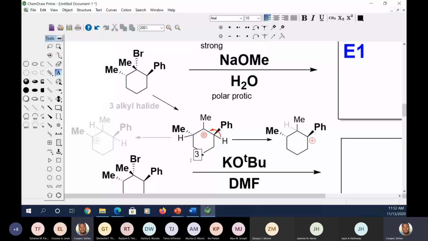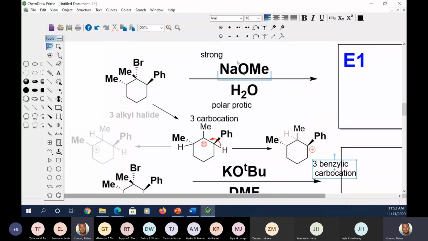I went from a tertiary carbocation, just plain, no allylic, no benzylic, to now something that's tertiary and benzylic. Right, and this is stable.